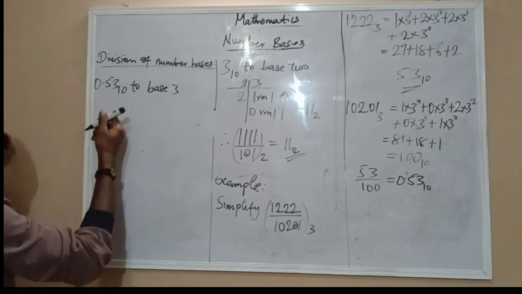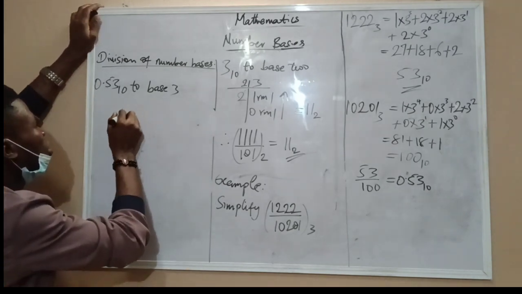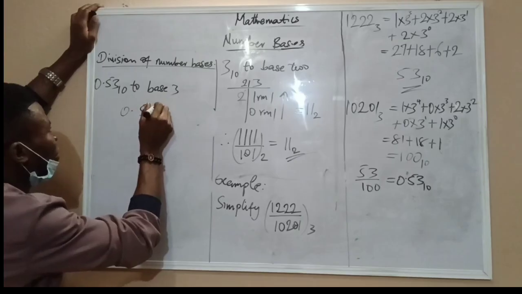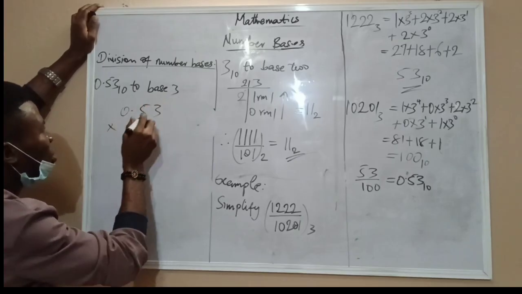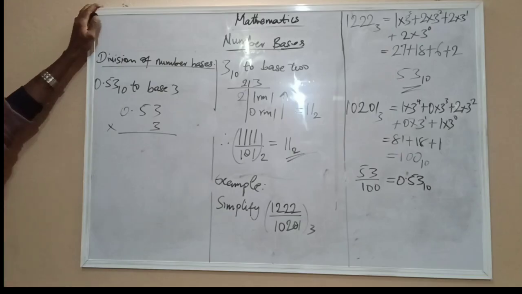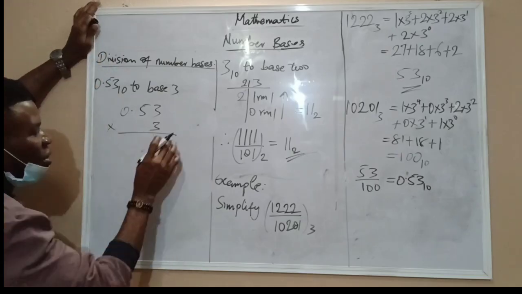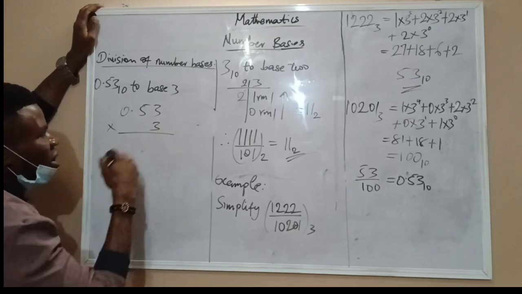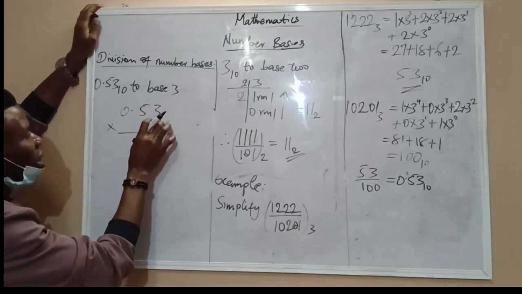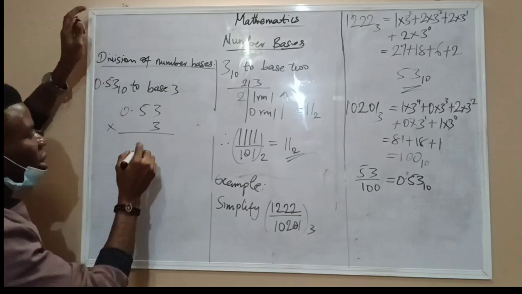To convert this thing now to base 3, you do 0.53 multiply by the base you are converting to, 3. Now remember it's in base 3. You don't forget that. Now 3 times 3 is what? 9.